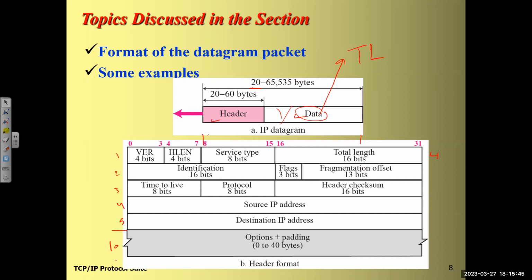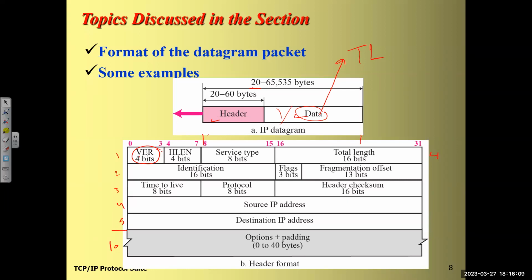All right. So let's look at some of these fields. So what is the first one? How many bytes is the first one? It's called the version, IP version. Okay. So how many? It's 4 bits. So how many versions we have?